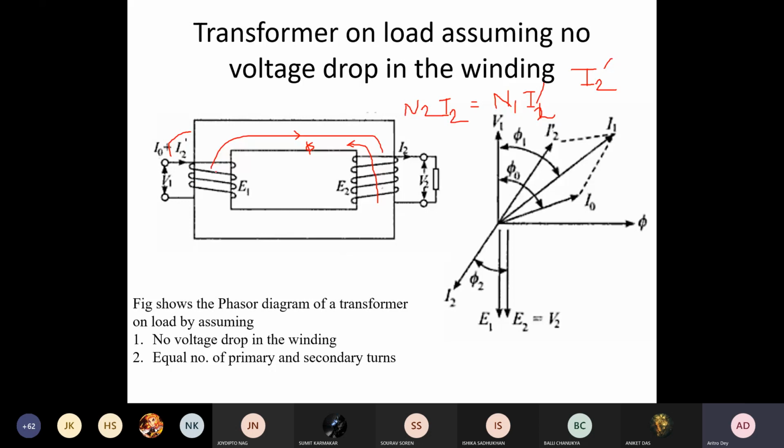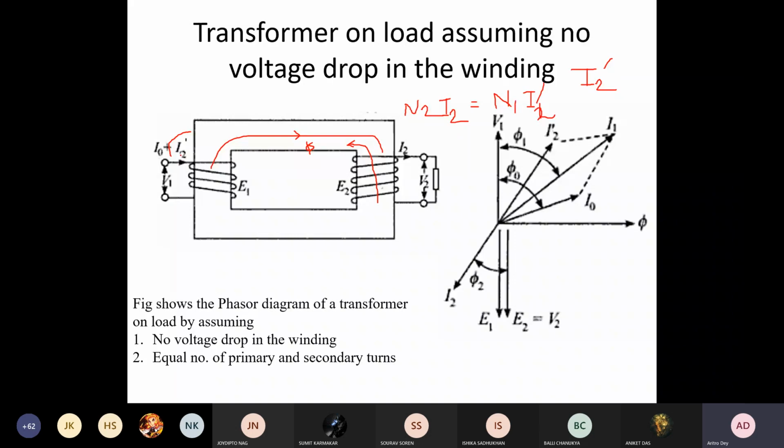It cannot be zero here when it is connected to AC. So if this is the case, then what happens? From the source you are drawing I0, which is for magnetization, and that also has two components.